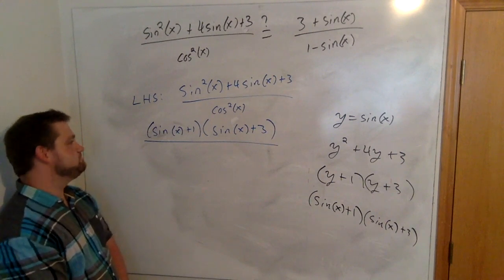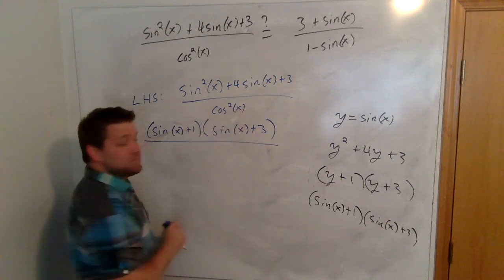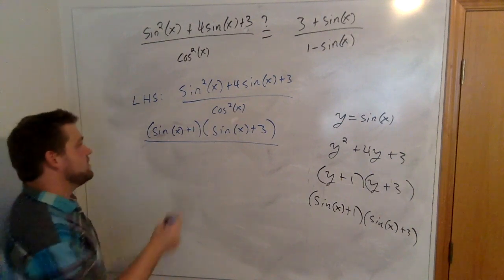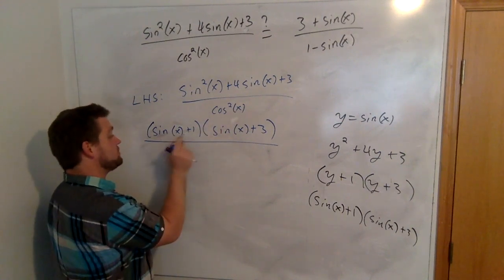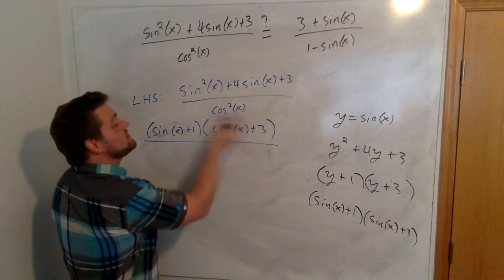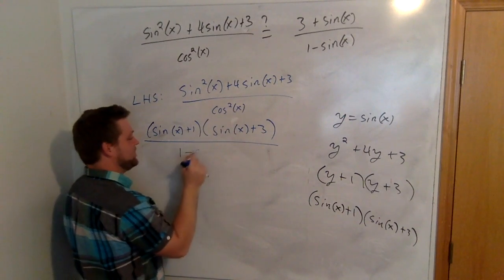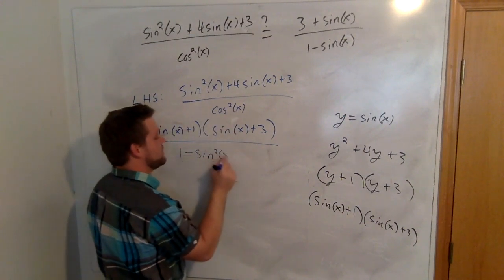I don't really know how having a cosine squared in the bottom is going to help us, but since I have this 1 plus sine here, it's kind of begging me to make this in terms of sine by saying that cosine squared is the same thing as 1 minus sine squared of x.